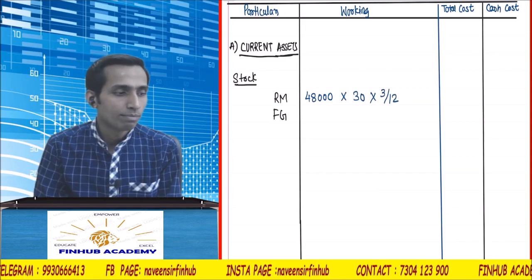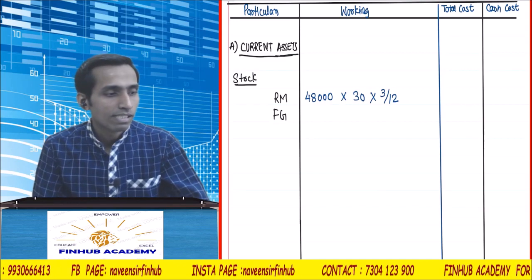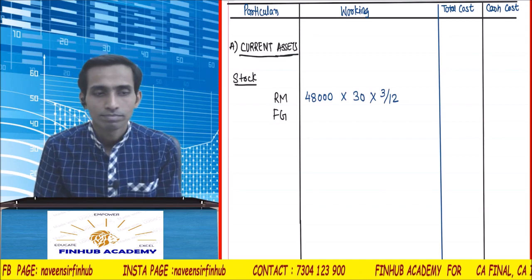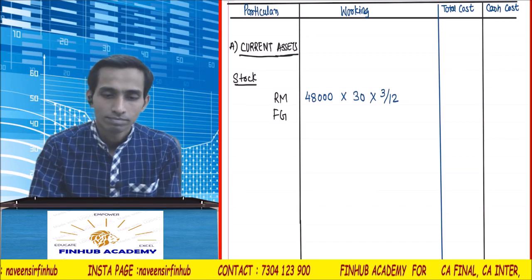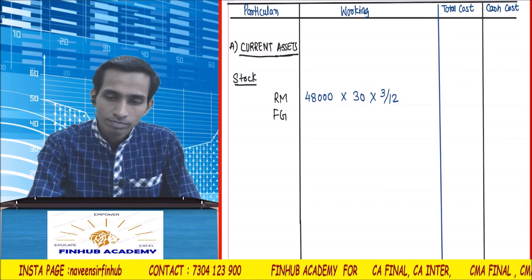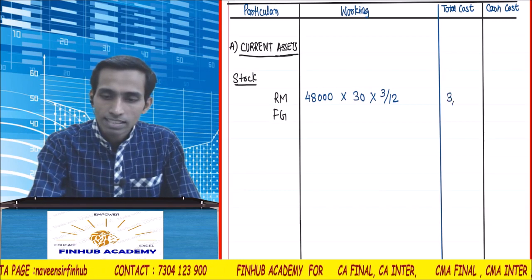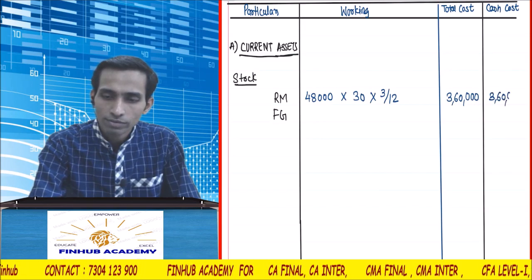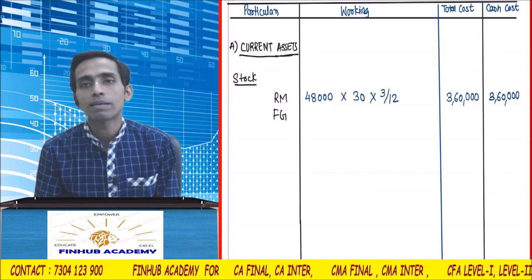Please give me the figure. Three lakh 60,000. Here also 3,60,000. No difference. In both the approaches it will be same.